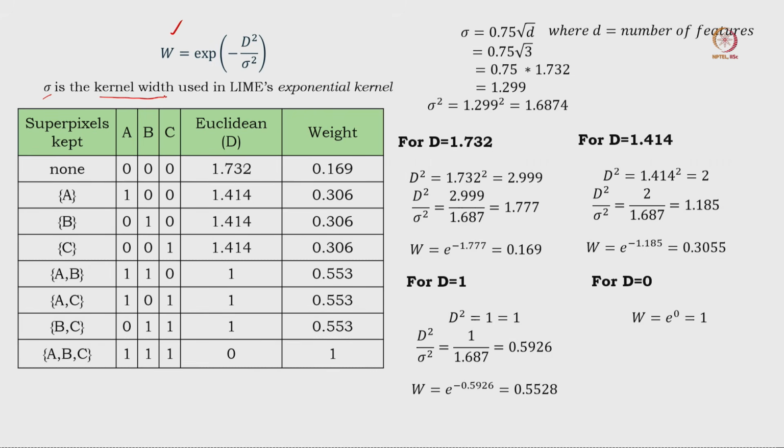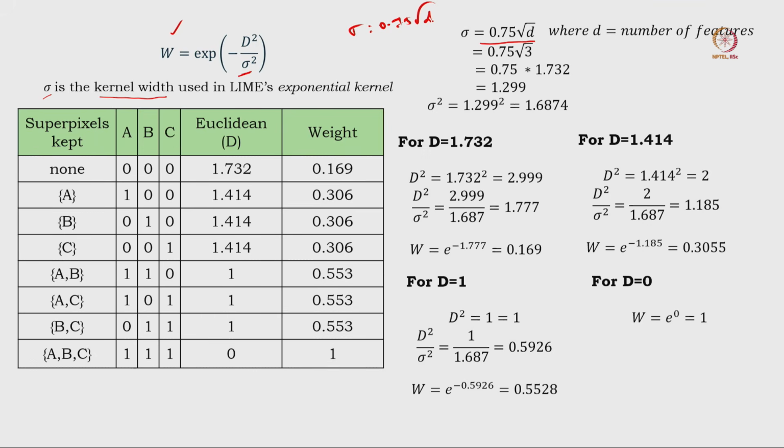Okay. Now, what is the value that we have to give to this sigma? The sigma value here is 0.75 multiplied by the square root of d. From where did we take this? The original LIME paper has used this particular formula: 0.75 times root d.